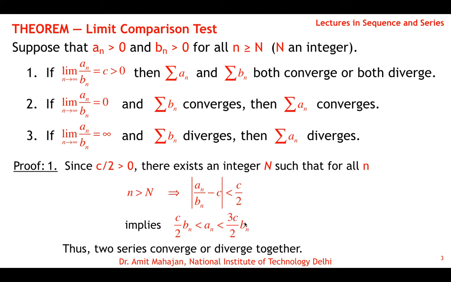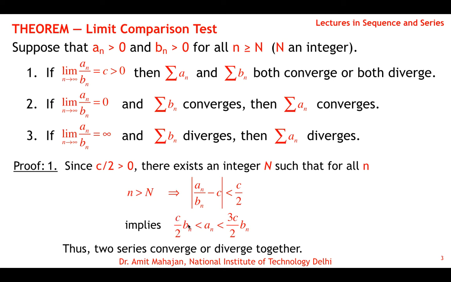And so by the direct comparison test, any series which is smaller than a converging series is convergent, which is the last definition we did. So if series bn converges, then by the right inequality the series an also converges. And if series bn diverges, then a constant times the divergent series is divergent.